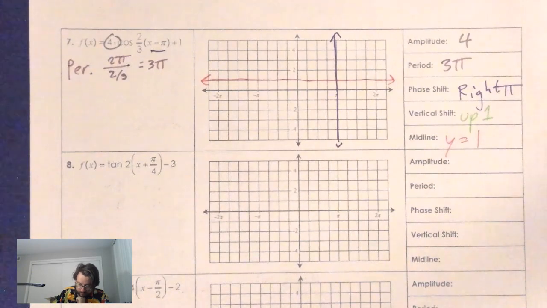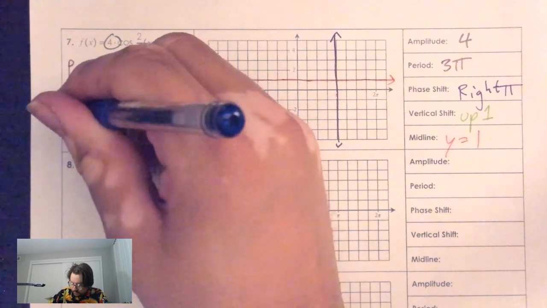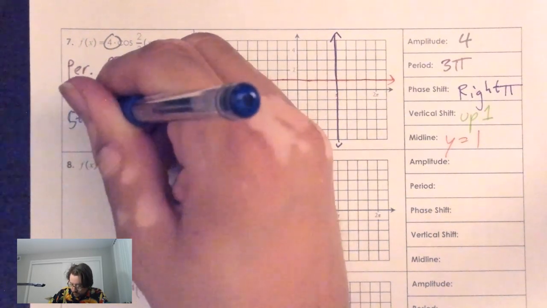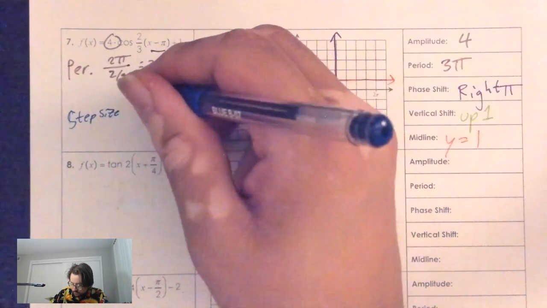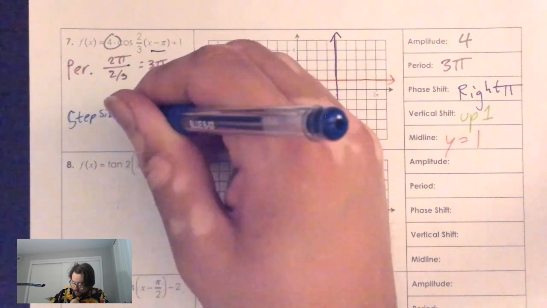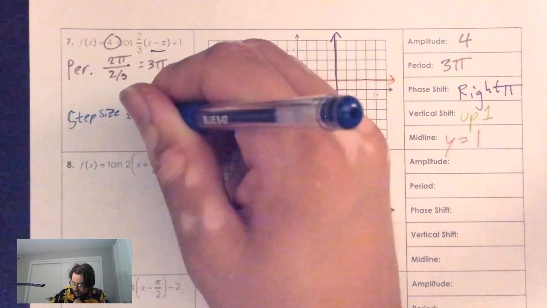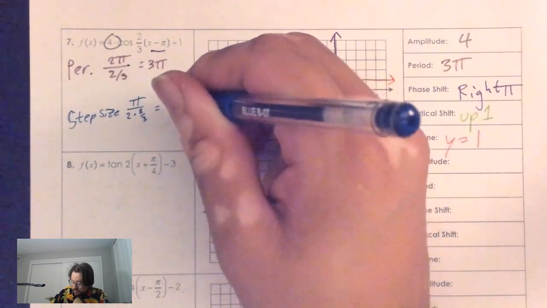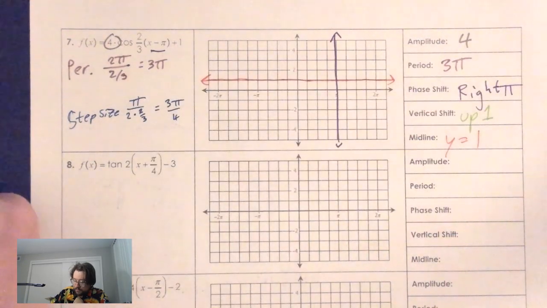To help me out, I'm going to find what my step size is. And we know that that is just equal to pi over 2b. So pi over 2 times 2/3, which is going to be 3 pi over 4. So I know at every pi over 4, I'm going to have a new step.